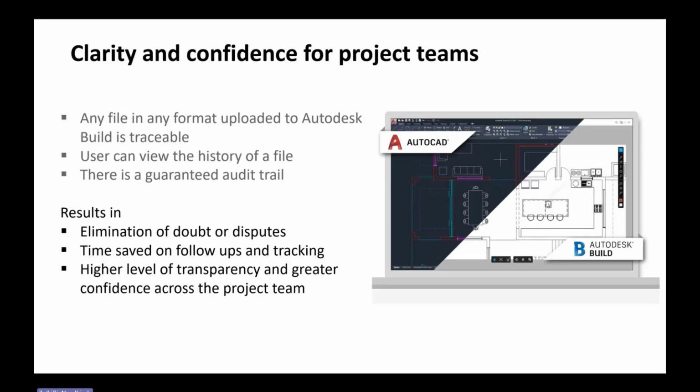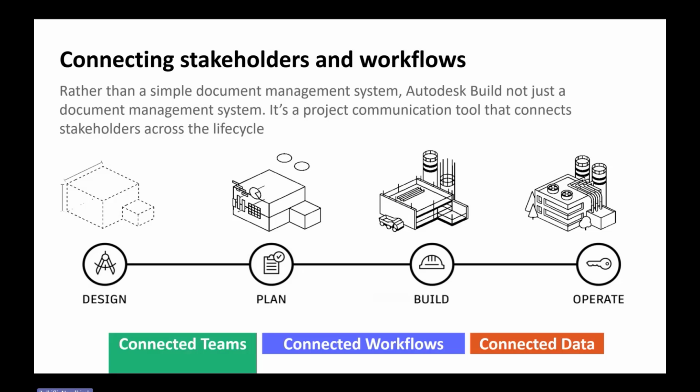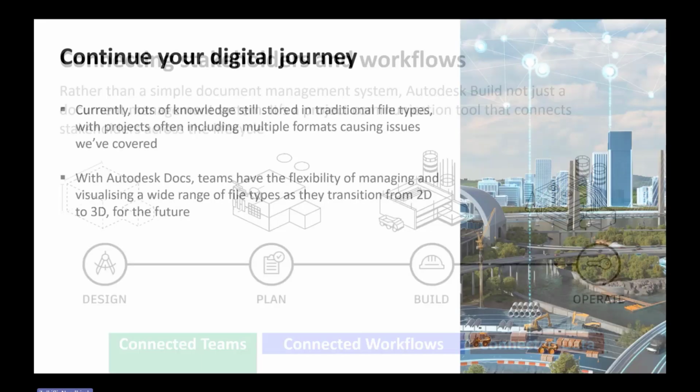And then the audit trail, the history of the file, is really helpful, and you can actually track all the users' activity: upload the file, when to update the file, what is the issue, who is responsible for that issue, what kind of issue. So that is really important in terms of project collaborations. So it's connected, it can be collaborated from design stage, planning, build, and also until operations.